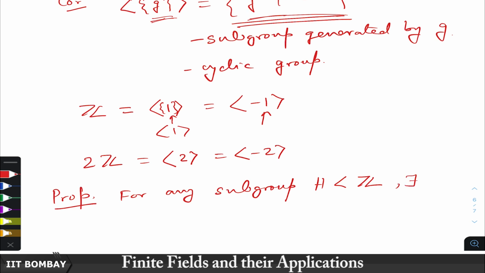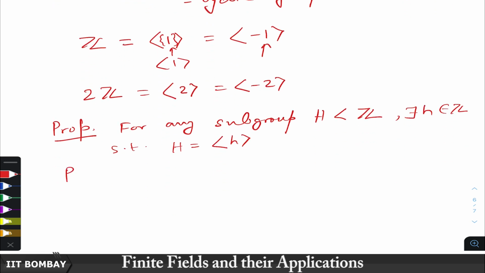There exists some h in Z such that H is equal to the subgroup generated by h. Now, the proof is very simple. You just use the division algorithm. So, we need to find an element h which will generate all the elements in H.